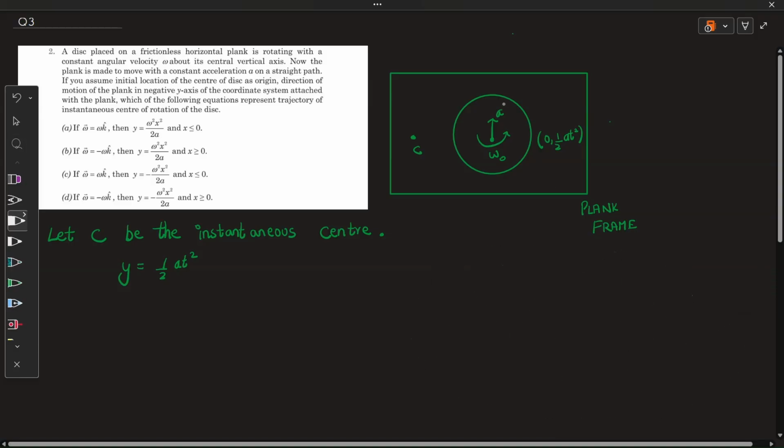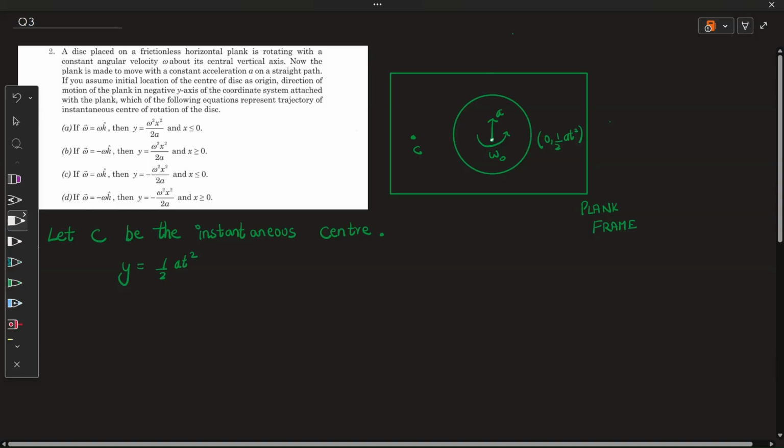Now, in this case, let's assume first that omega naught is in this direction, so it's in the positive k cap. Omega vector is omega k cap. Now what happens is, if I see this whole system without this velocity from this frame, its center of rotation is here, but this center of rotation with respect to the plane is moving somewhere in this direction.